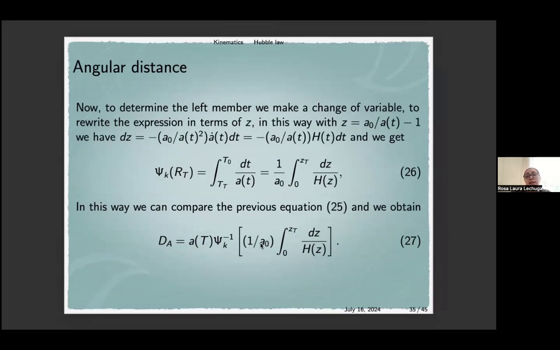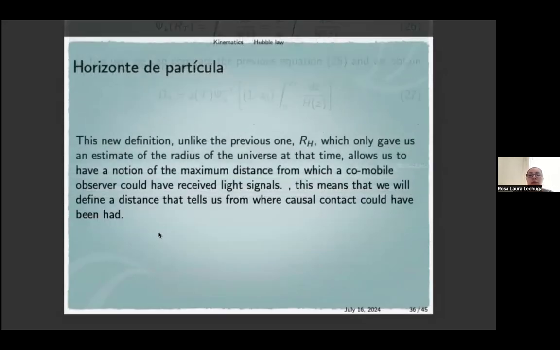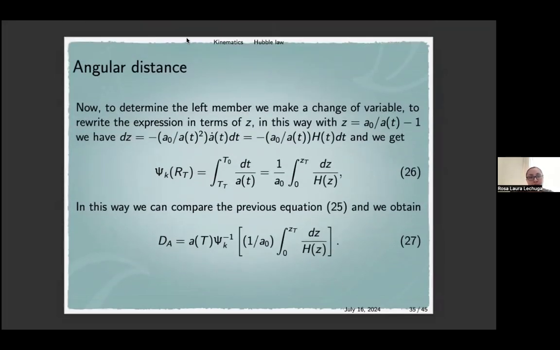Okay, and in this case, I'm working with a naught, which represents the a of today. And now we have this quantity which helps the astronomers.